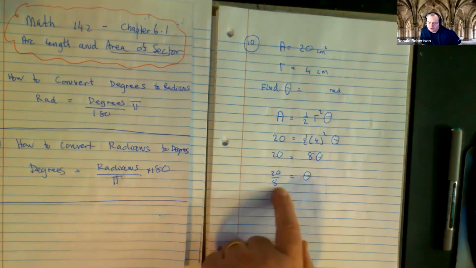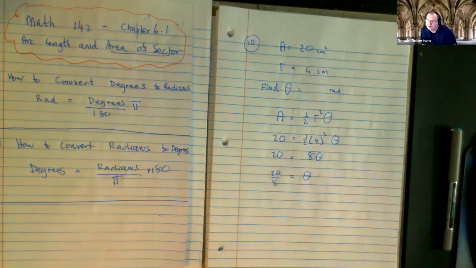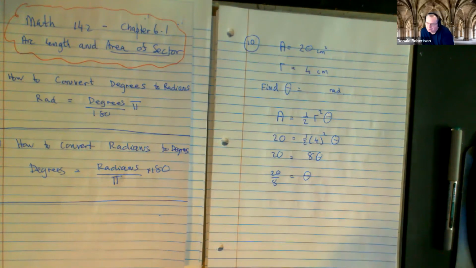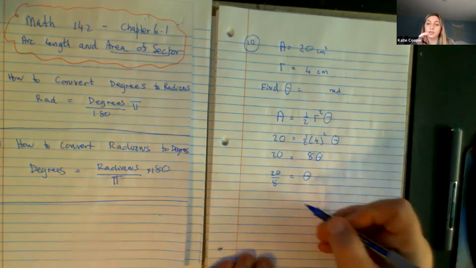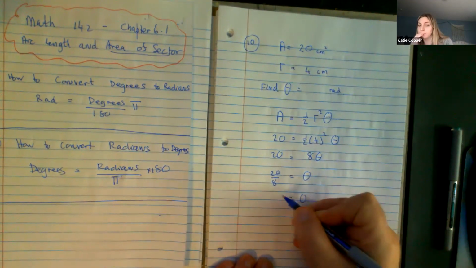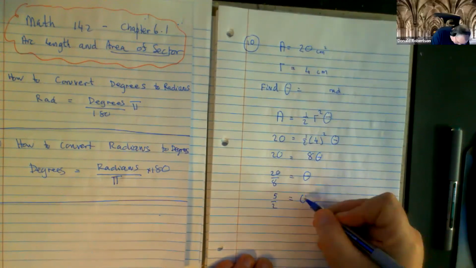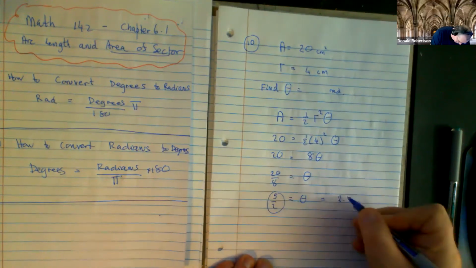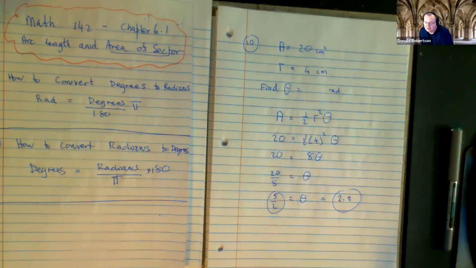Oh, by the way, do you think that's going to be acceptable in WebAssign or anywhere? 20 eighths, does that look good? 5/2. I think that WebAssign in that particular question will also allow 2.5, because isn't 2.5 an exact value for 5/2?